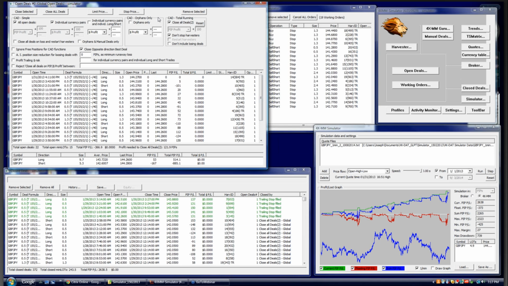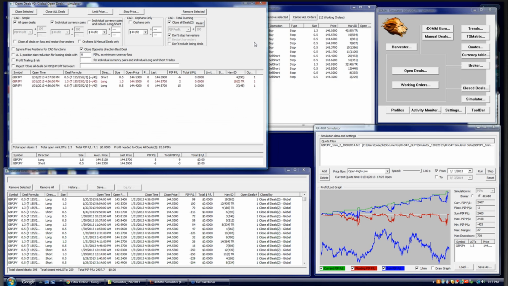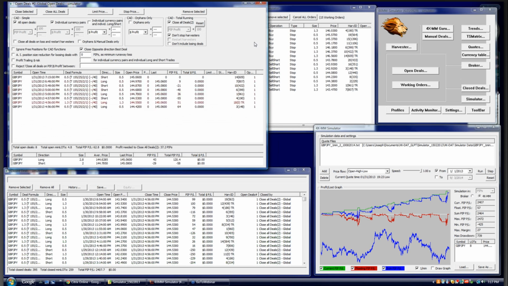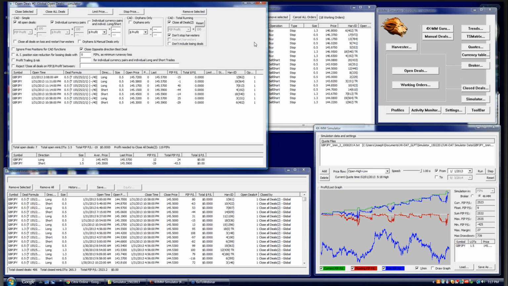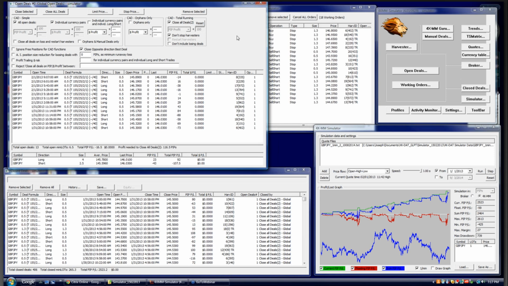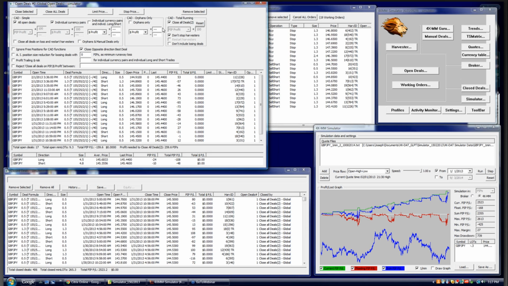Because the harvester stopped running for whatever reason, there must have been an algorithm or an event that caused that harvester to be stopped. So bottom line is that we have a function that allows us to close just those trades, and those trades only, once they reach a certain profit or loss that you specify.